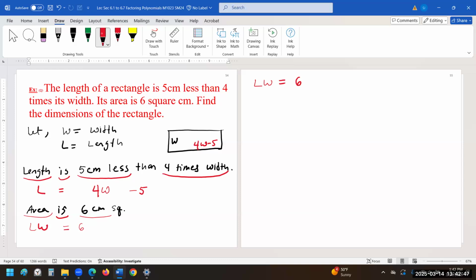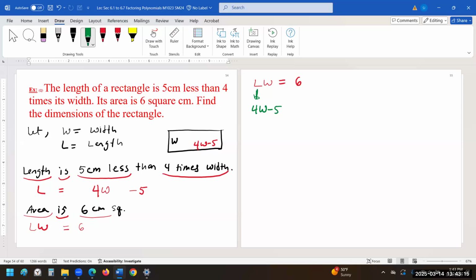Stephanie. Your L is 4W minus 5. Right? L is 4W minus 5. We don't want to see L and W together. We want to see only 1 variable.